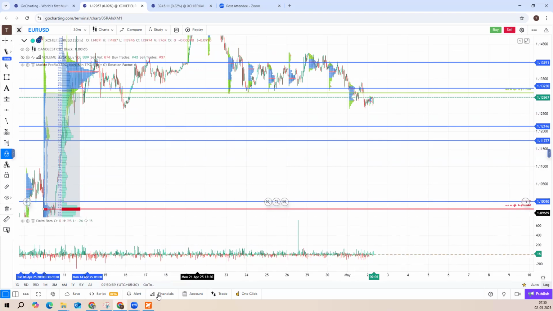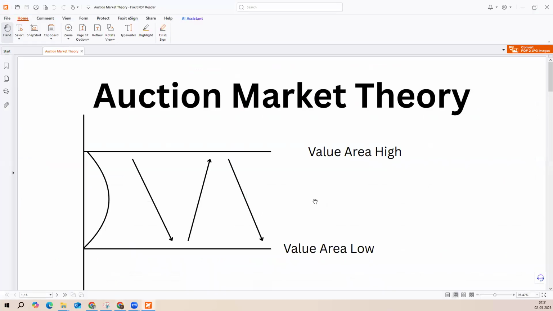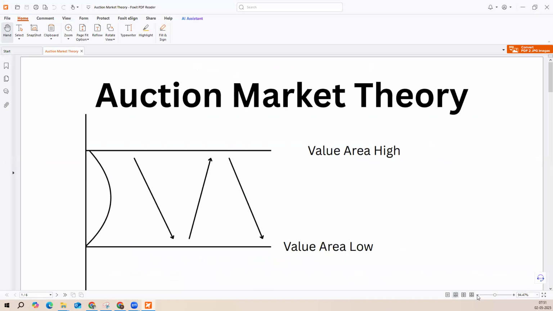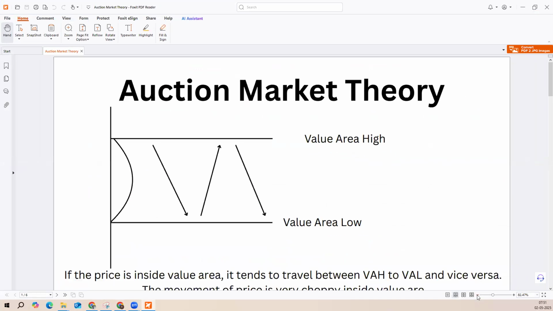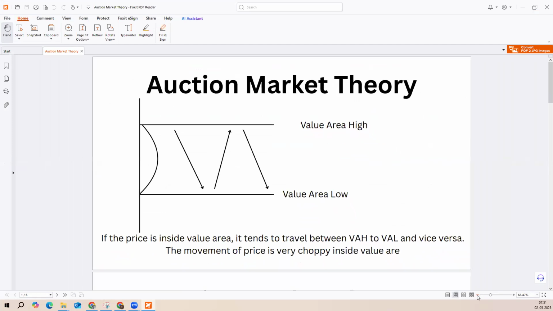Now, our trading methodology, I can simply revise it once again. Basically we are following auction market theory. For auction market theory, we try to find out the value area based on market profile, which I have just shown you. If the market is inside the value area, it will keep on traveling from value area high to value area low.